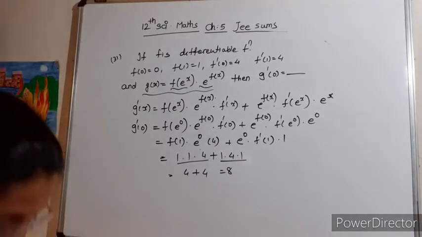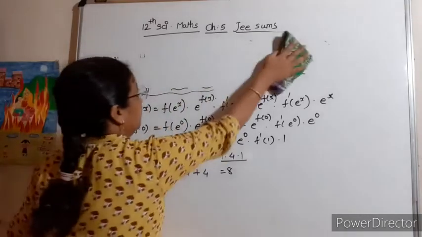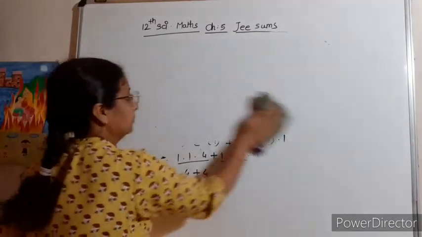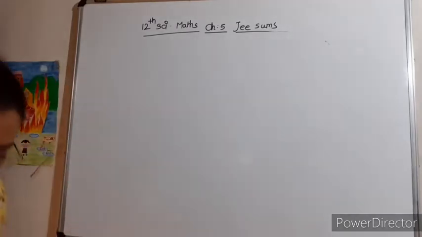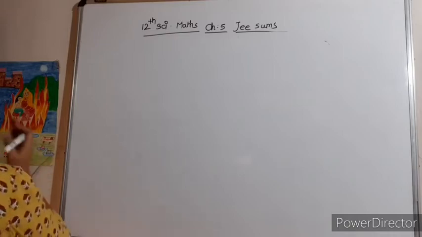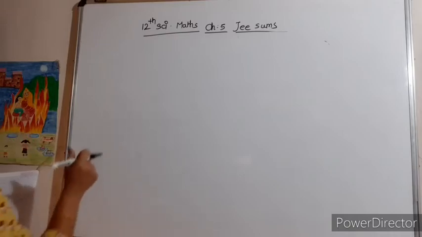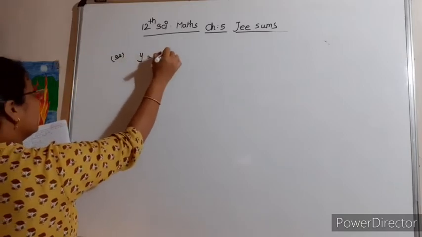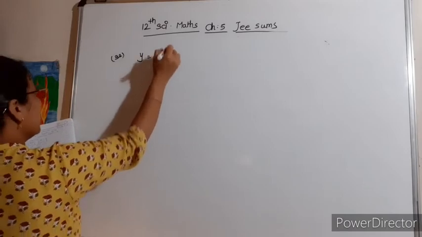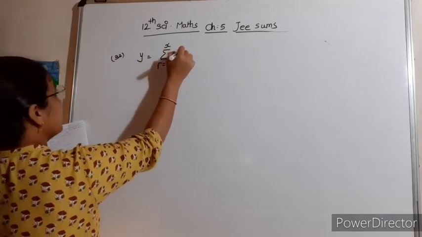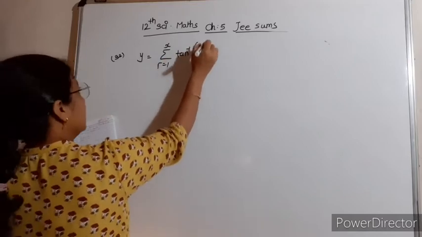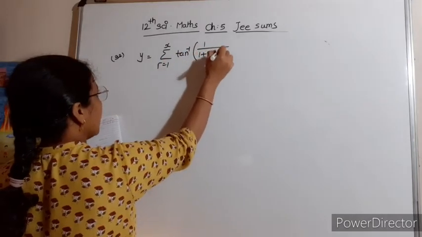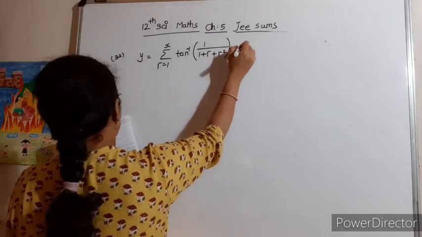Okay. The next question is 32. Y is equal to summation of r equal to 1 to x, tan inverse 1 upon 1 plus r square.